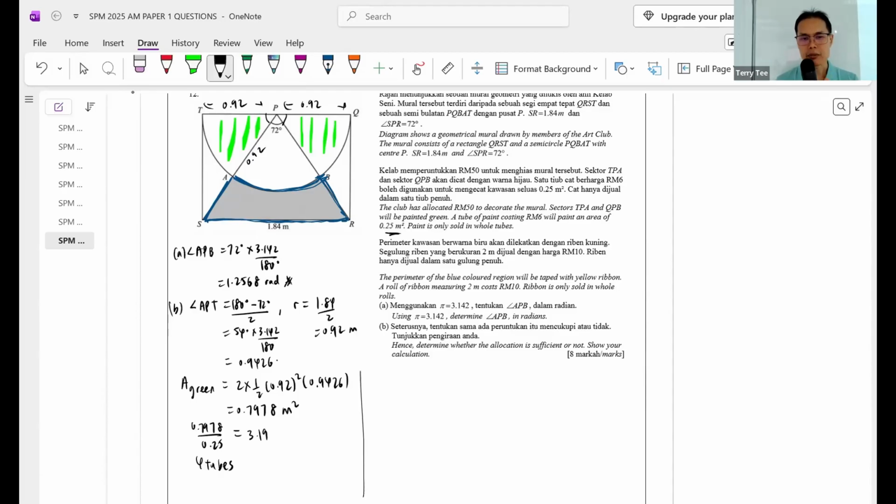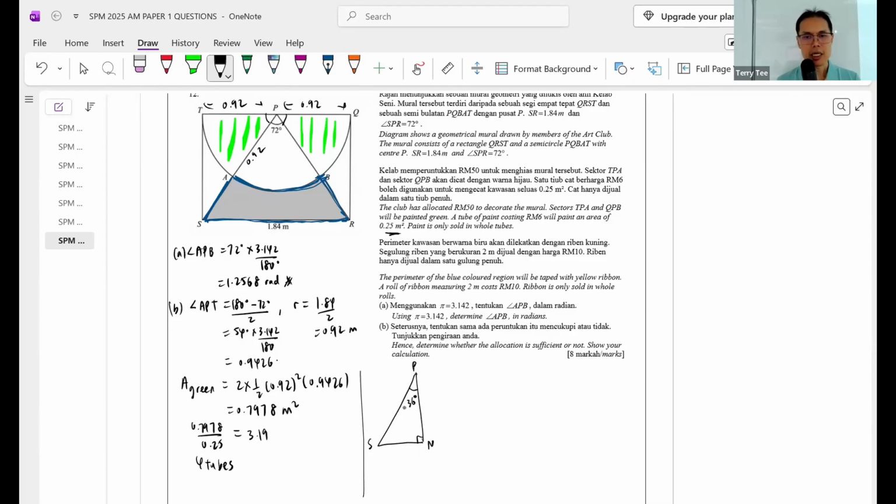Okay, so now let's talk about the perimeter. If this is 0.92, we need to find PS. For PS, I will use SOHCAHTOA. If I draw this out for you, 72 divided by 2 is 36. This is PS, you can call it N, it doesn't matter.